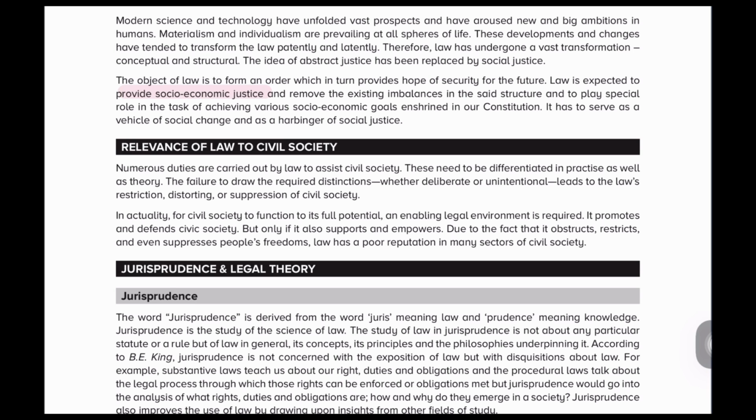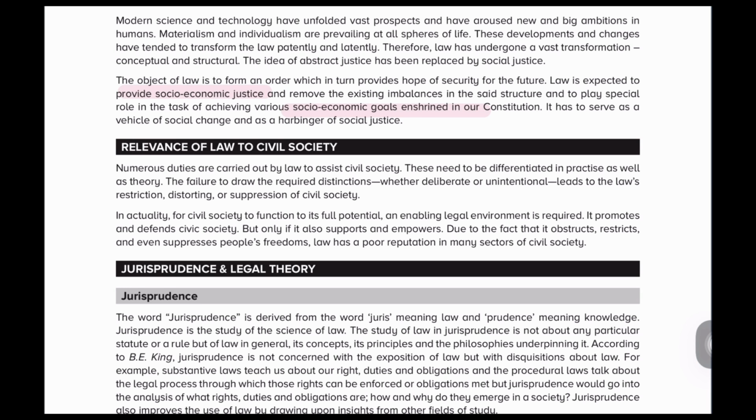We now talk about social justice instead of just abstract justice. In modern society, law is not only meant to punish or regulate, but also to promote social and economic justice. It helps reduce inequalities, protect rights, and bring social change. Therefore, law is both a product of society and a tool to improve it.